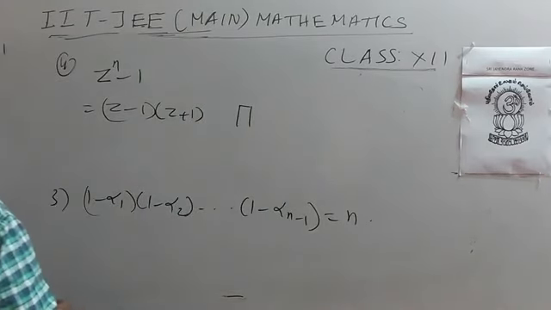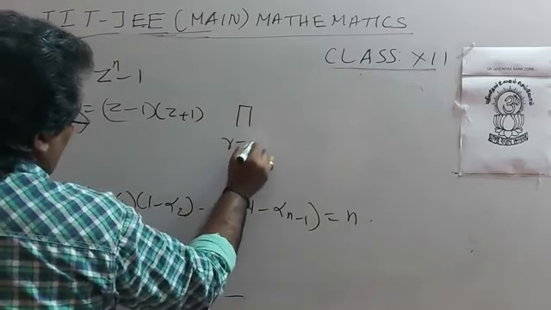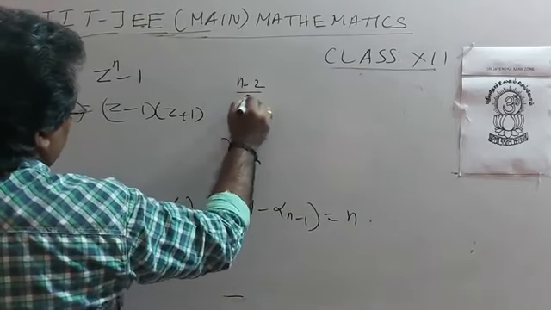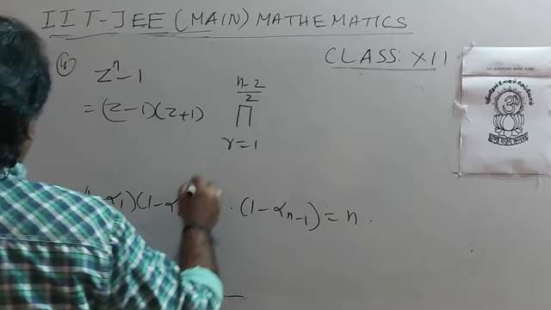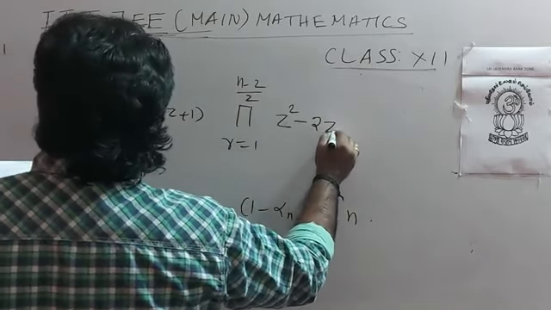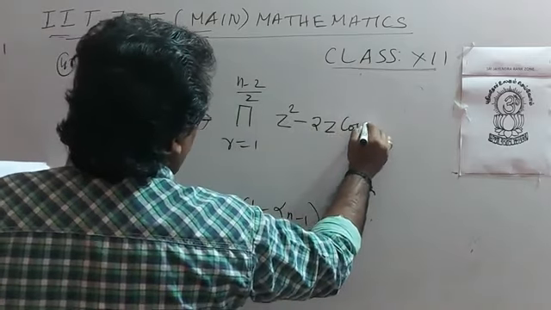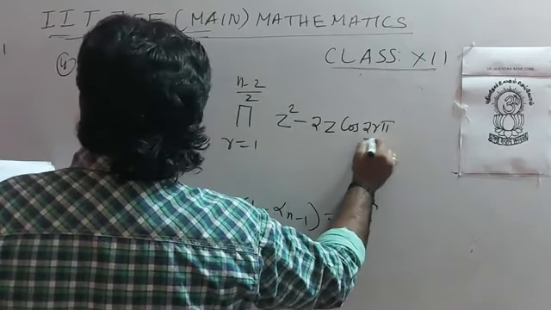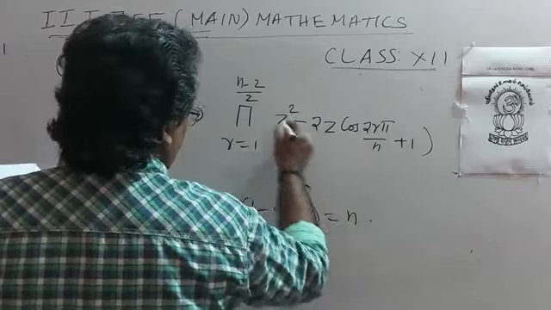This means product r equal to 1 to n minus 2 by 2 of z square minus 2z cos 2 r pi by n plus 1.